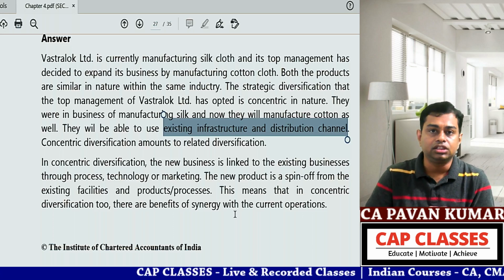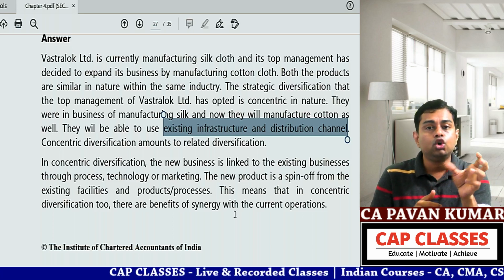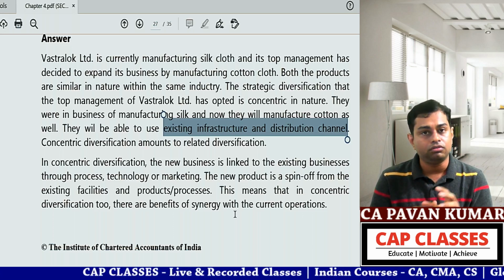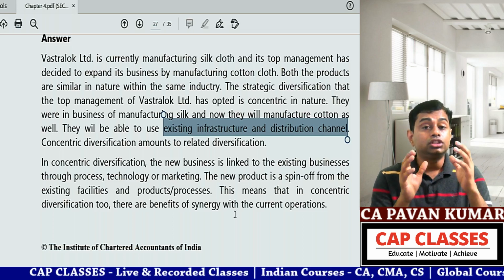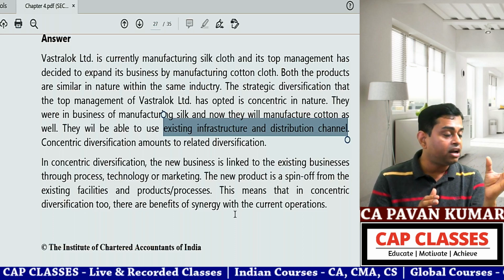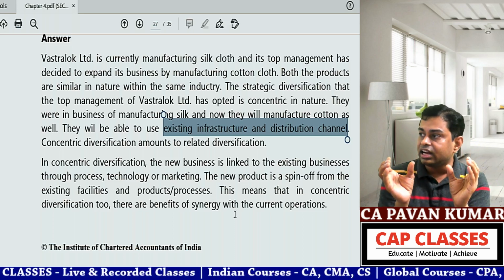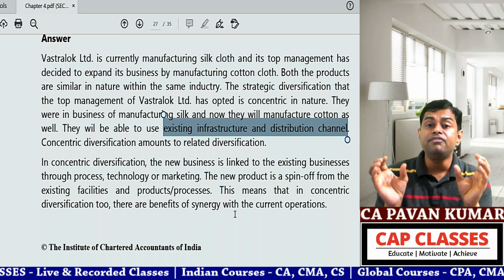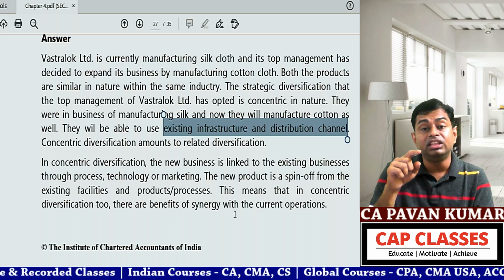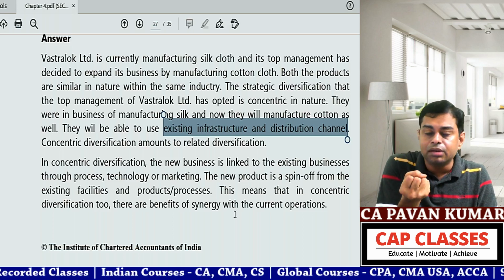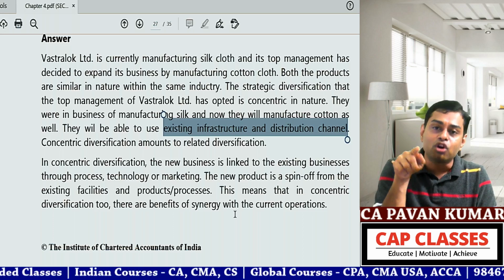In financial management, they say 2 plus 2 is more than 4, or 2 plus 2 is equal to 5. Sir, how come 2 plus 2 is equal to 5? It is like one company with 2 capacity, another company with another 2 capacity. If we merge both of them, the merged plant should give you a capacity of more than 4.